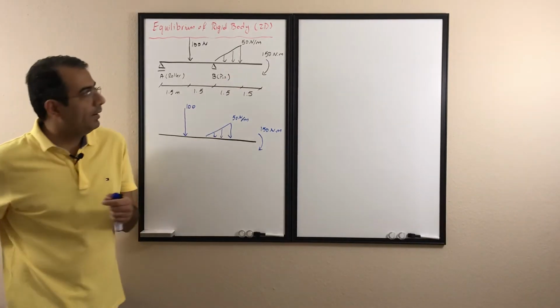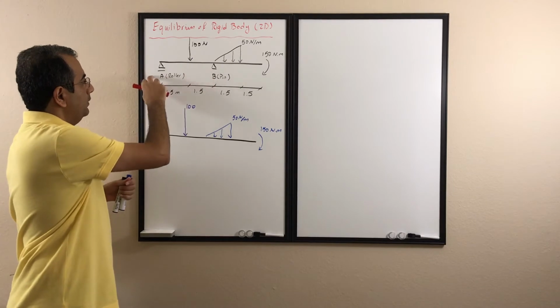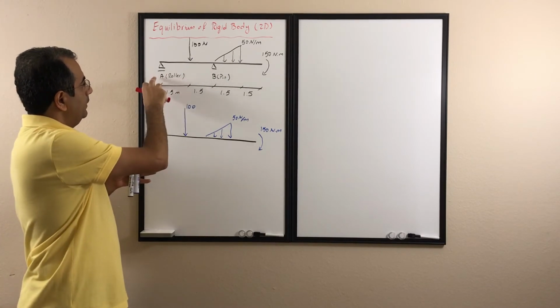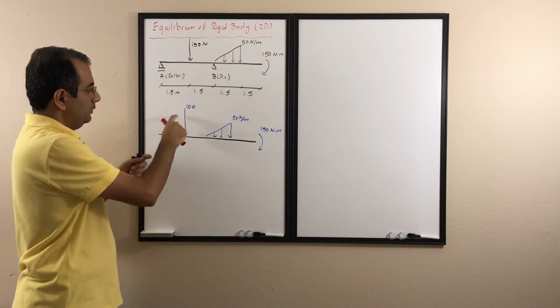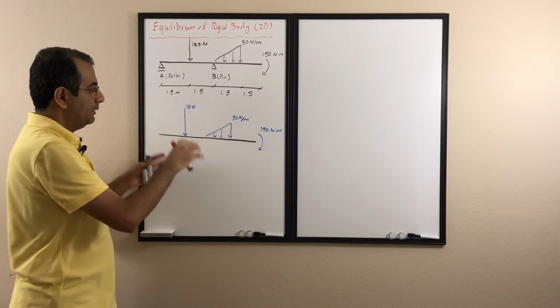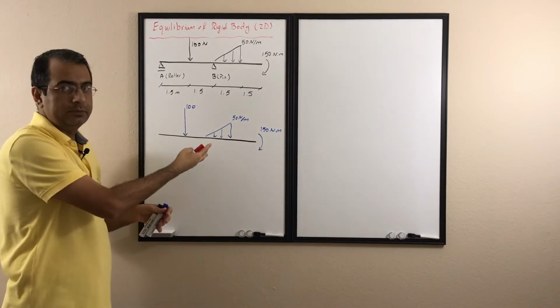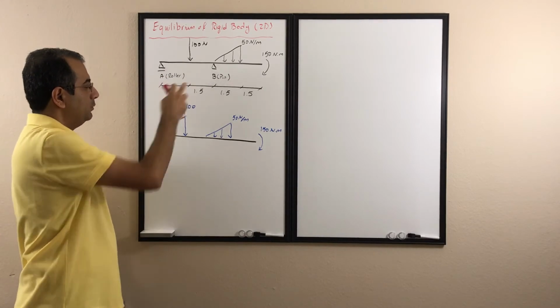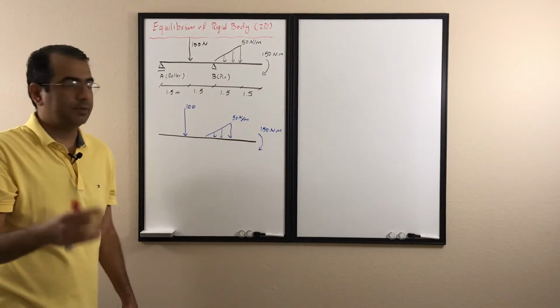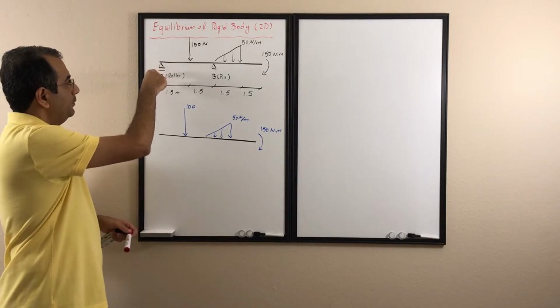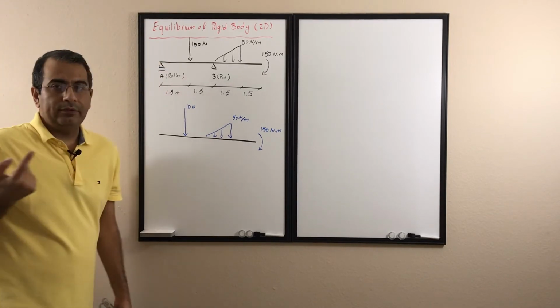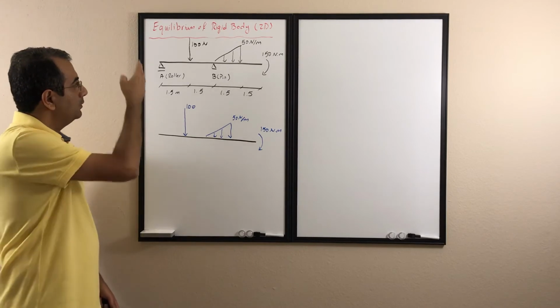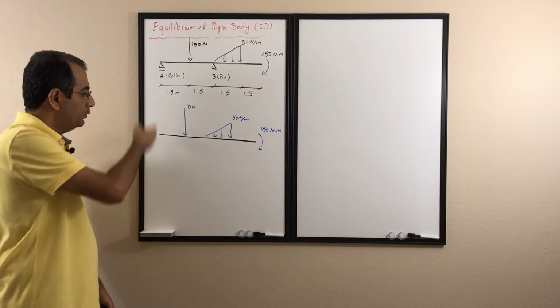Now I have to add the reaction from the support. So these are the external forces and moment that actually want to move or rotate the object. Now I have to add the reaction from the support that actually wants to hold the object in place. So if you look at point A, it's a roller, and the roller keeps the object from moving up and down.